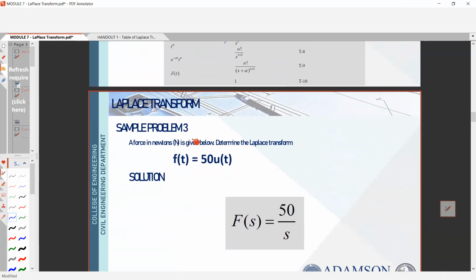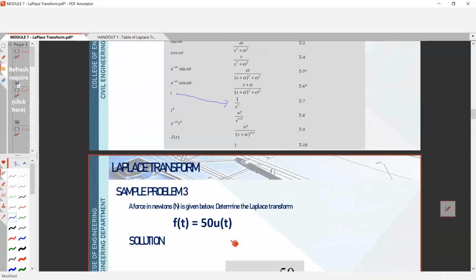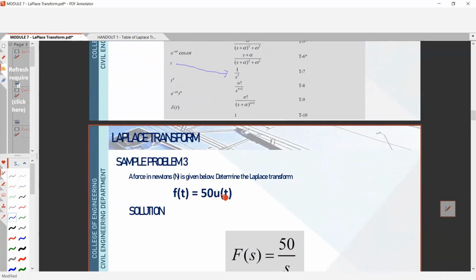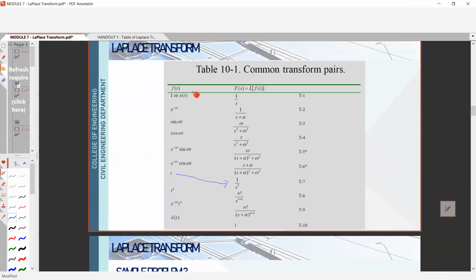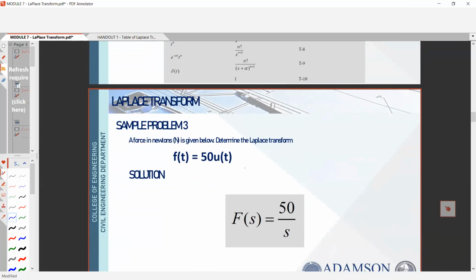So a force in Newton is given below. Determine the Laplace transform of 50 u of t. Okay, u of t is equals to 1. Therefore, this is equivalent to 50 times 1. So what is the Laplace transform of u of t? Since yung 50 is a constant, pwede mo siyang alisin.